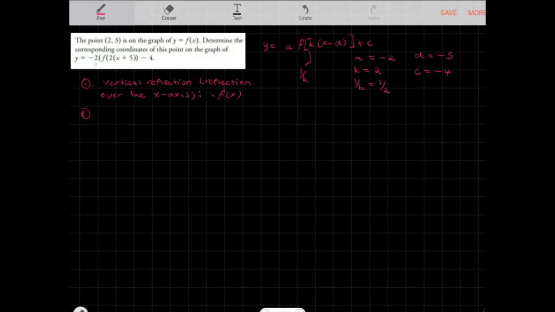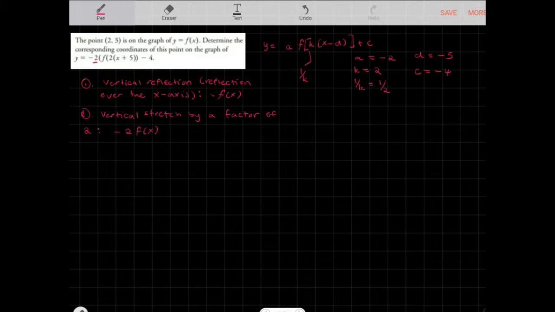In the second case, we have this 2 value here, and because the a value is greater than 1, this implies we have a vertical stretch by a factor of 2. So we have a vertical stretch by a factor of 2, and this is equal to negative 2 f of x. Okay, so that's just in function notation.